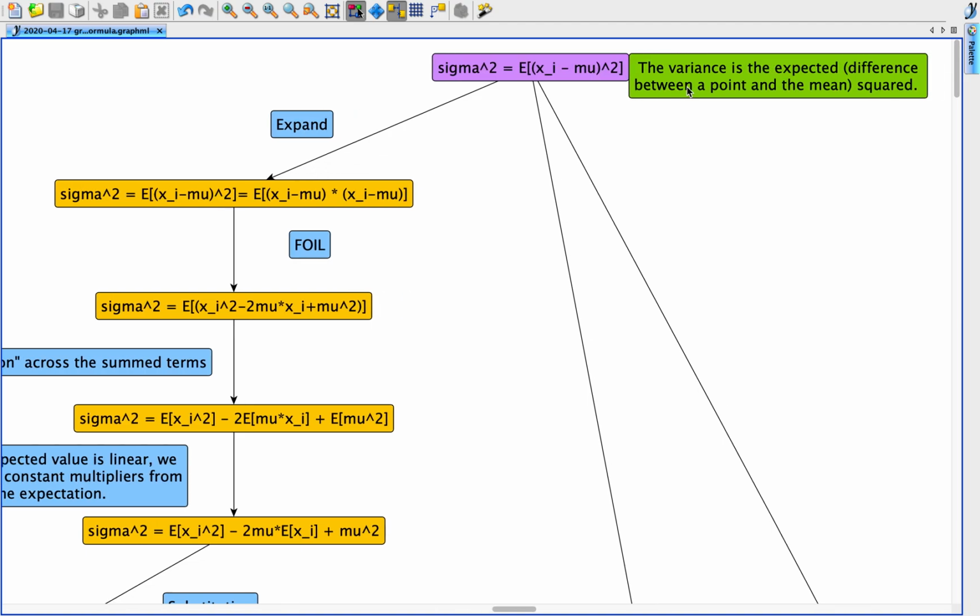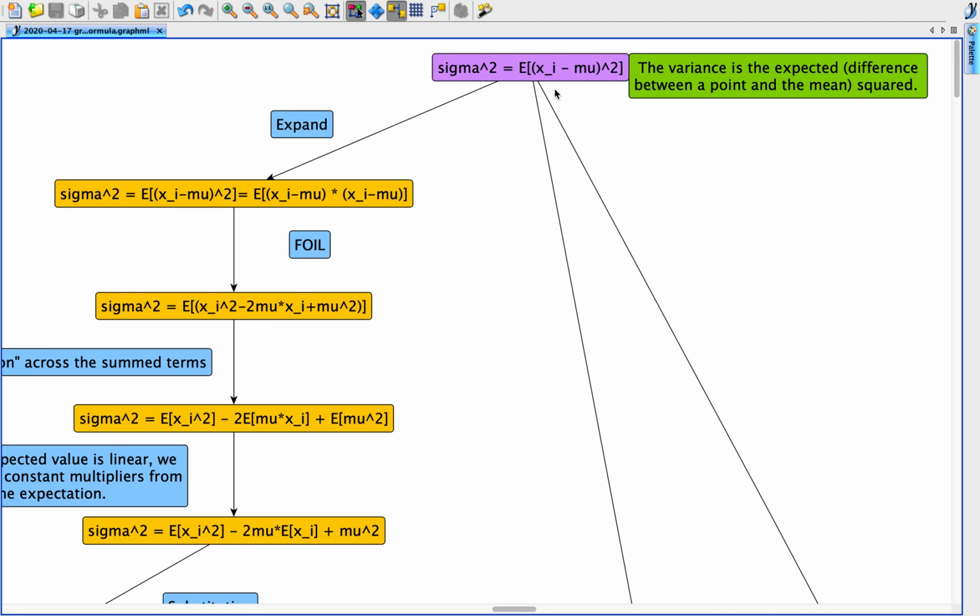It's standing in here for a particular draw, but we're not committed to any particular value for that x_i. So the variance, sigma squared, is how we say variance, because sigma is standard deviation, and standard deviation is the square root of variance. The variance is the expected difference between a point and the mean, squared.